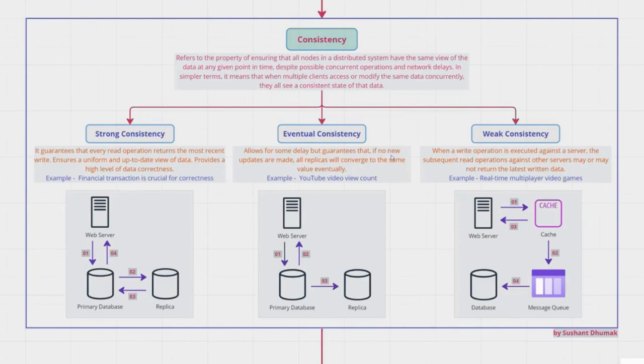The data written to the replicas will be given to the user, but that may not be the latest data. Over a period of time, maybe in seconds or maybe in a minute, that data will be available to the user. And in weak consistency, maybe the data is not even available for the user to get the latest information. So that data is already lost.